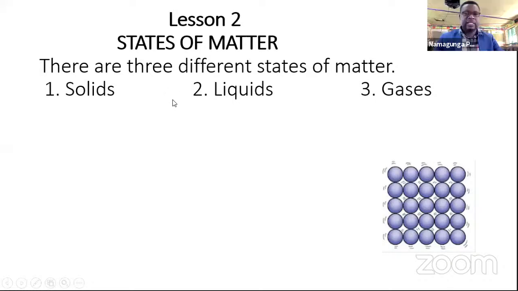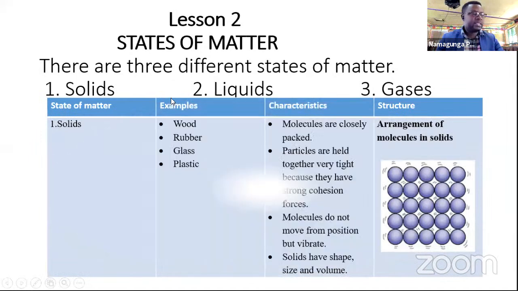But now we want to look at the characteristics of those solids.